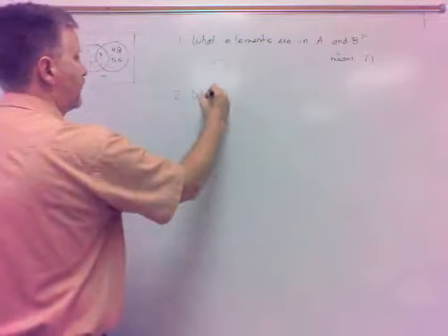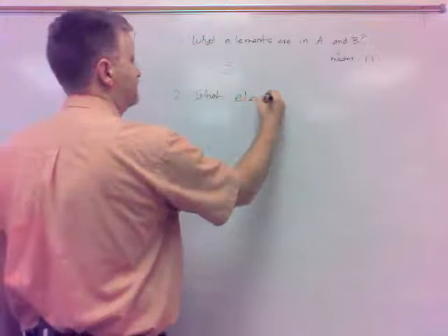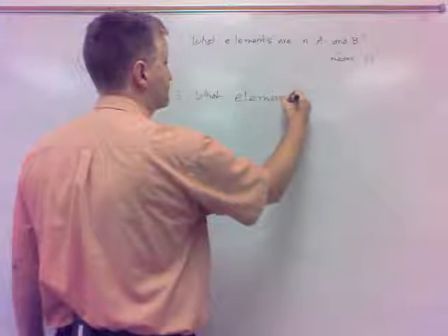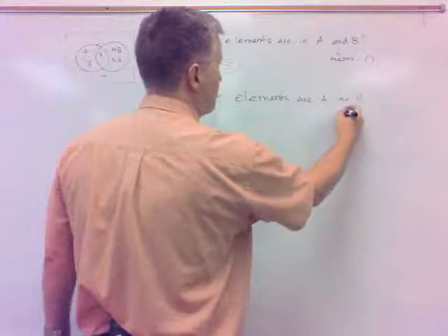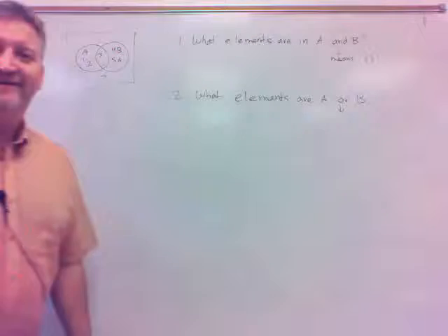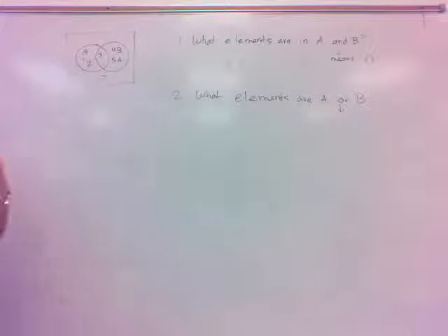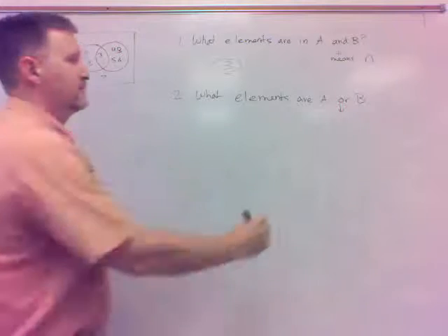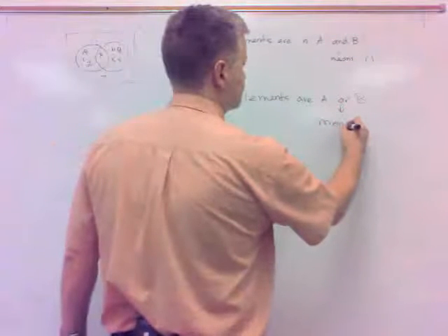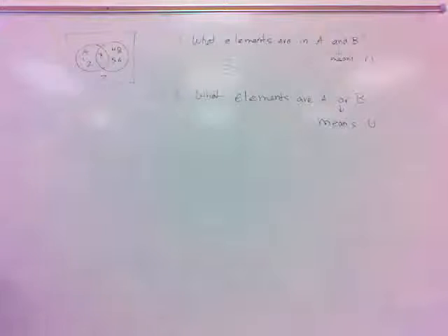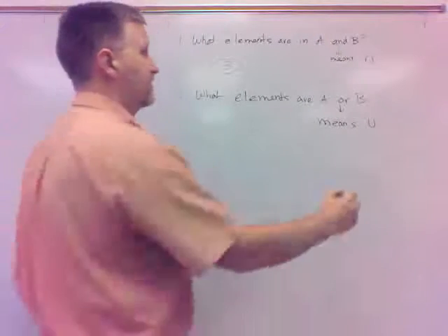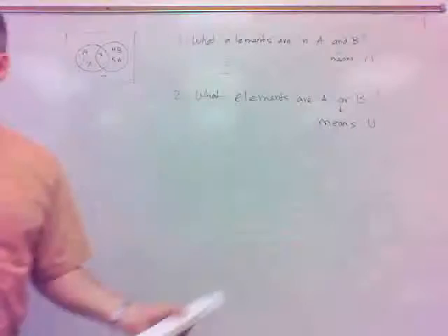On the other hand, what elements are in A or B? Or means what? Well, or means the other. It means the union. Which elements are in A or in B? In other words, which ones are in one or the other?